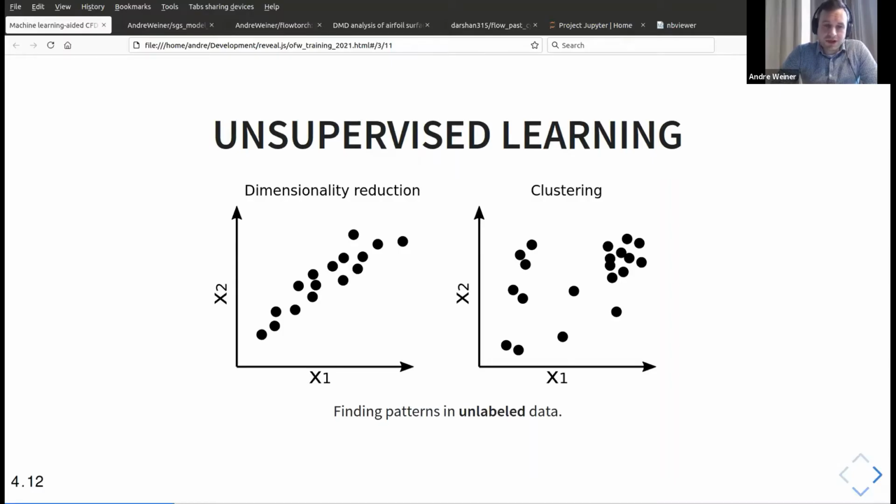And what you are trying to find is a more suitable, compact representation of that data. So for example, we could now use only one coordinate, y1, that expresses most of the variance that we see in the data, and we can reduce the number of features from 2 to 1 in this little example.